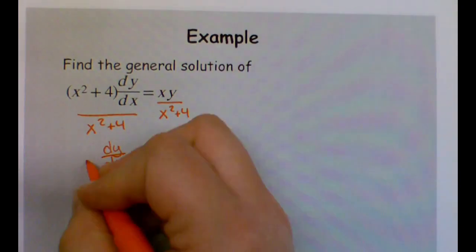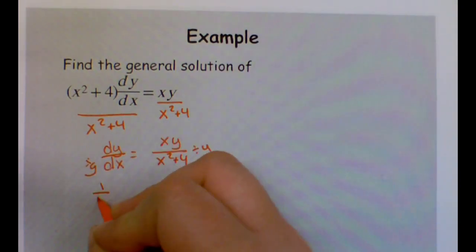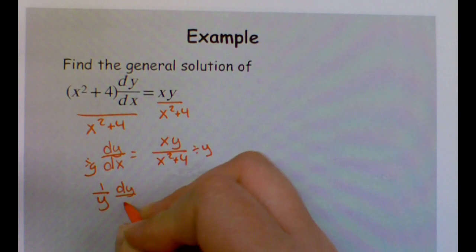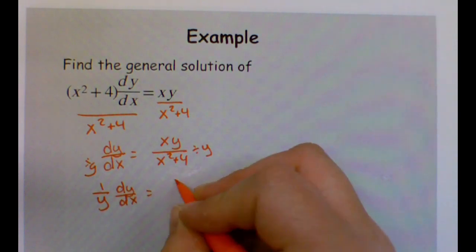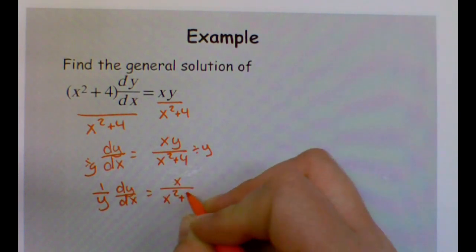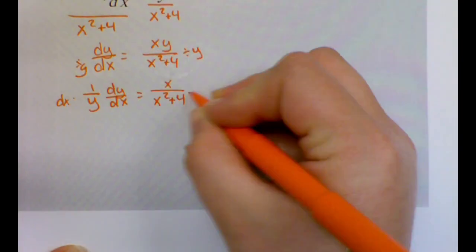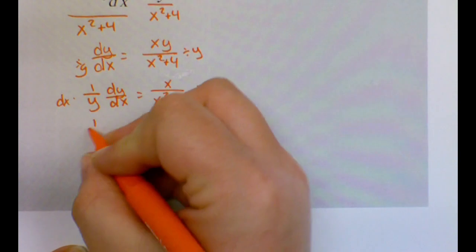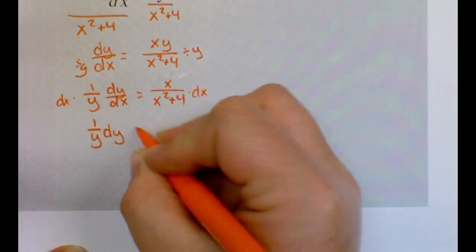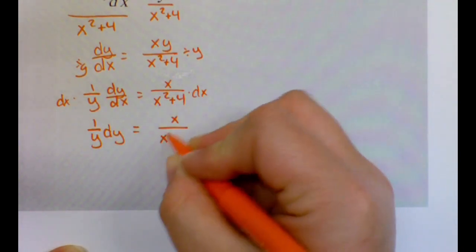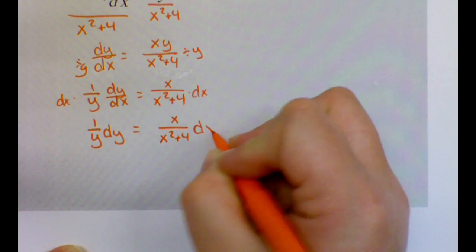I'll divide that y out. Gives me 1 over y dy/dx equals x over x squared plus 4. Well, I got to get that dx over to the other side. Multiply that on over. And I have 1 over y dy equals x over x squared plus 4 dx.